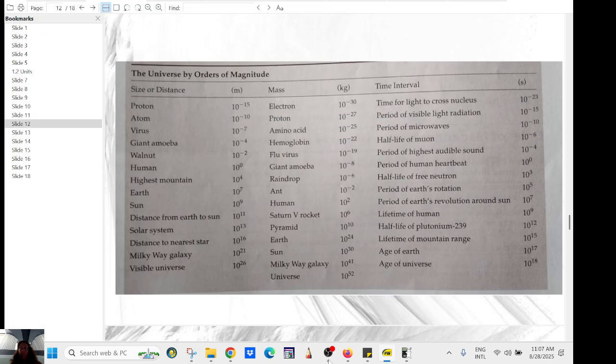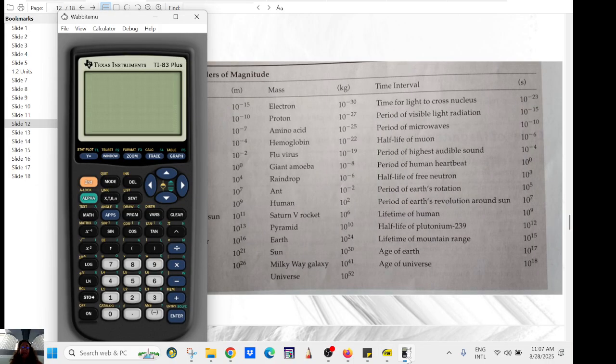Okay, I want to turn 10 to the negative 7 into micrometers. 1 micrometer, remember, is 10 to the negative 6.